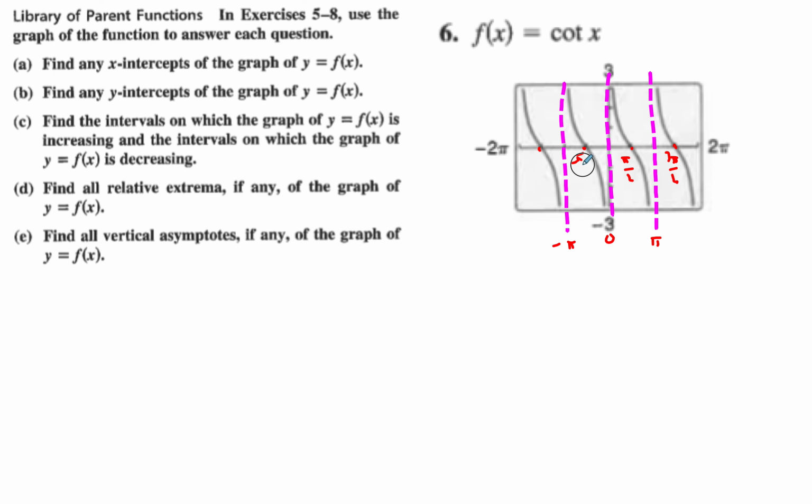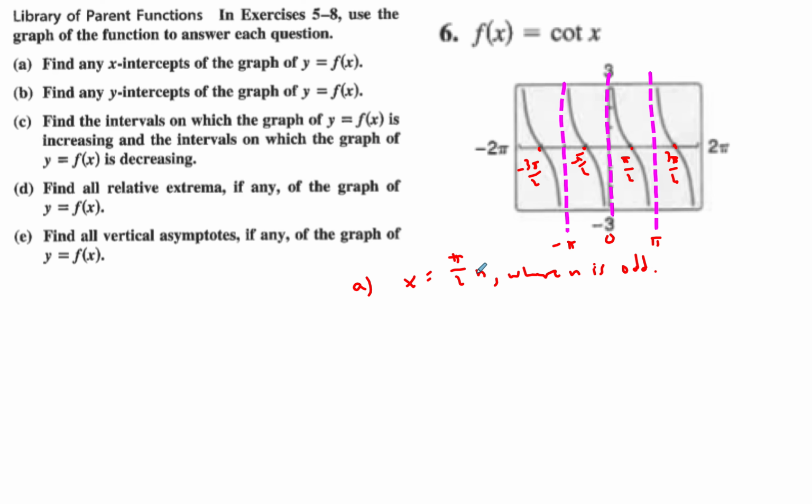Negative pi over 2, negative 3 pi over 2, and so on, right? So x-intercepts. So here's how we'd write this. So the x-intercepts would be at x equal to pi over 2n, where n is an odd number.